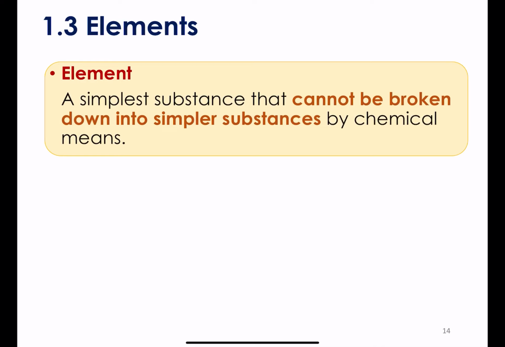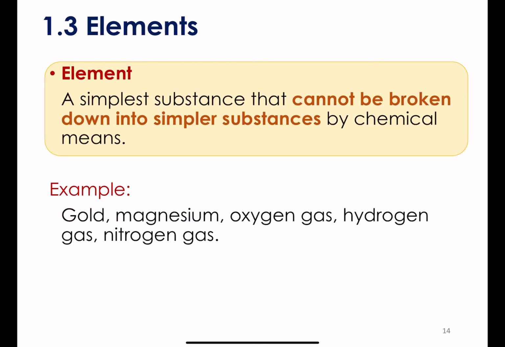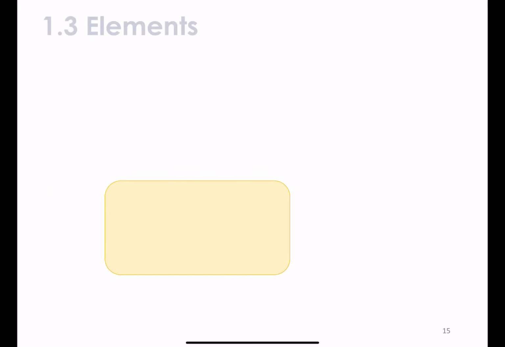An element is a simple substance that cannot be broken down into simpler substances by chemical means. So it means that an element is the smallest, it cannot be separated any further. So for example, we have gold, magnesium, oxygen gas, hydrogen gas, nitrogen gas. Those are examples of elements in this world.